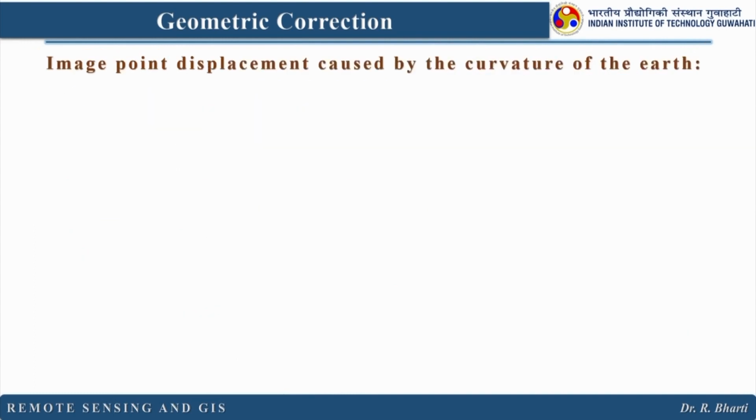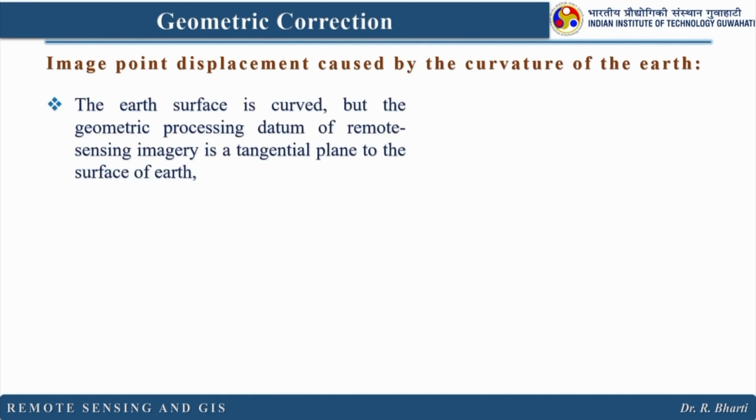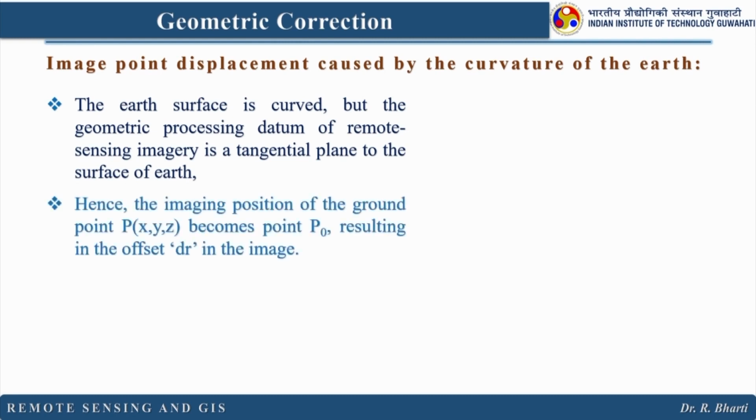Image point displacement caused by the curvature of the earth. Here the earth's surface is curved, but the geometric processing datum of remote sensing is a tangent plane to the surface of the earth. Hence, the imaging position of the ground point P becomes point P naught, resulting in the offset dr in the image.